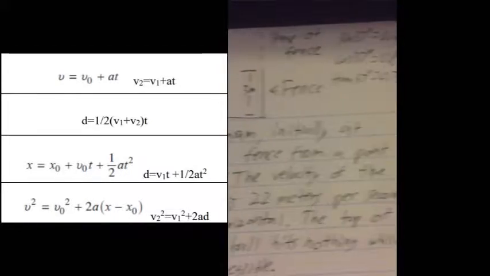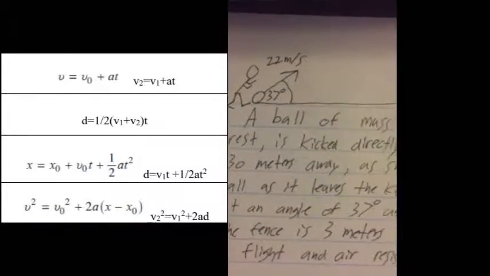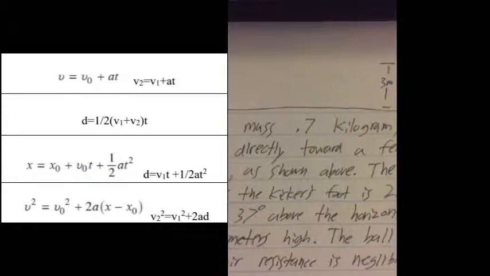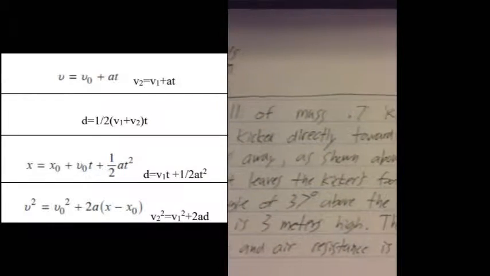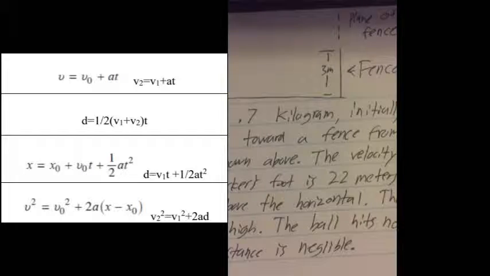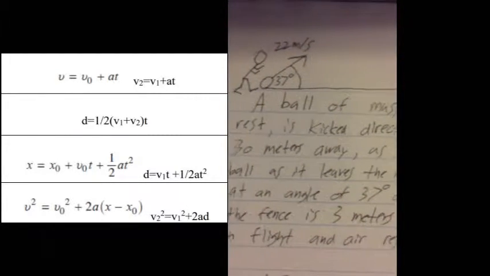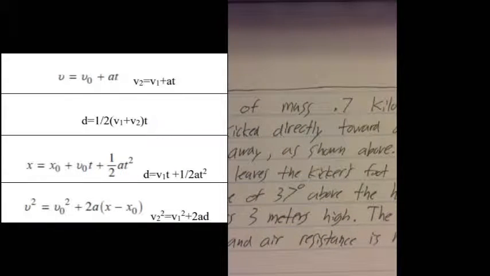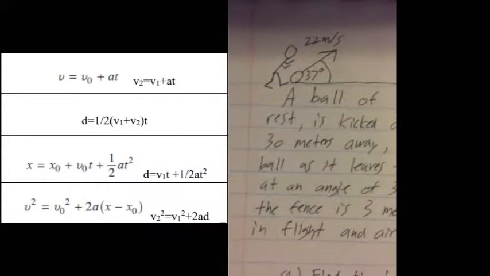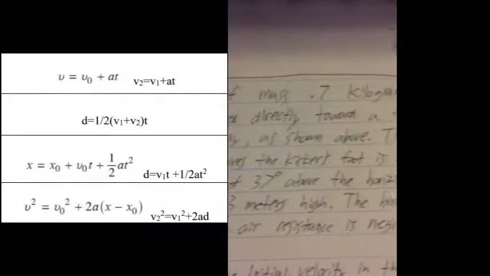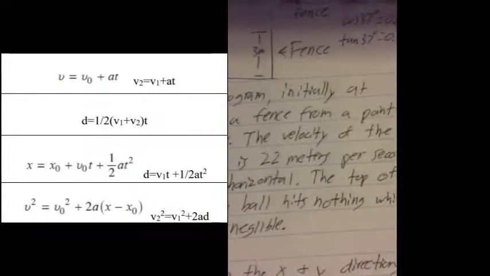The velocity of the ball as it leaves the kicker's foot is 22 meters per second at an angle of 37 degrees above the horizontal. The top of the fence is 3 meters high. The ball hits nothing while in the air, and air resistance is negligible.